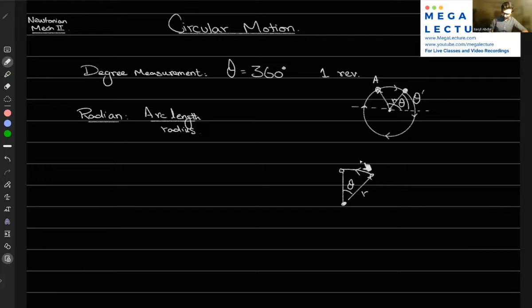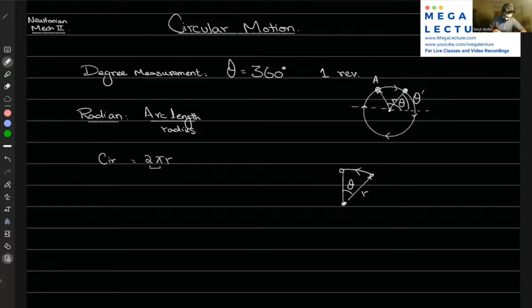Now, the circumference of this circle, we know that for a circle, the circumference is 2 pi r, right? Here, r is the radius, and 2 pi is the complete angle in radians. So it is the complete 1 revolution in 360 degrees. So that's your 2 pi.